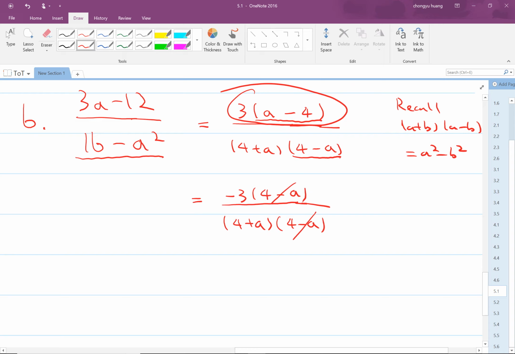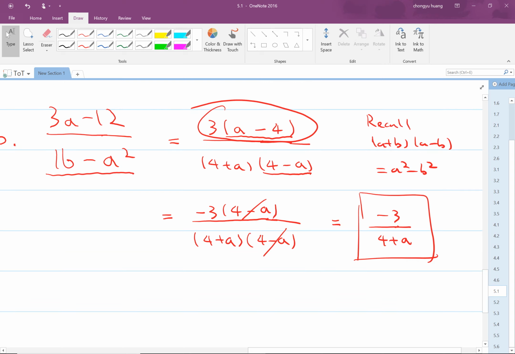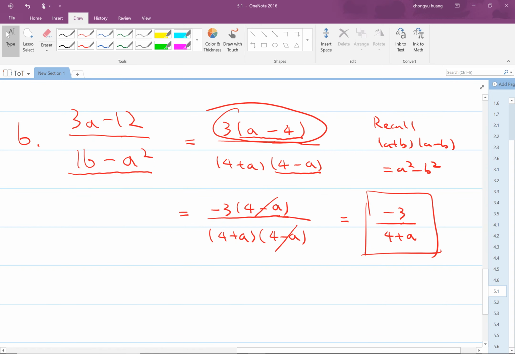So we cancel the terms, and then we are basically done with the question. The answer over here is this one. Now we have finished the simplification.